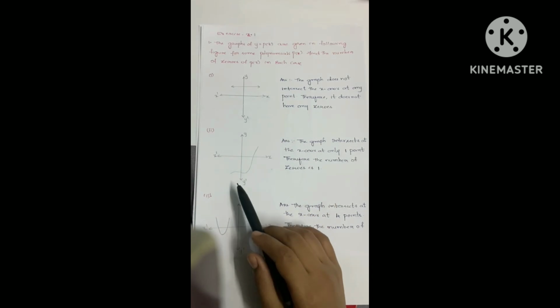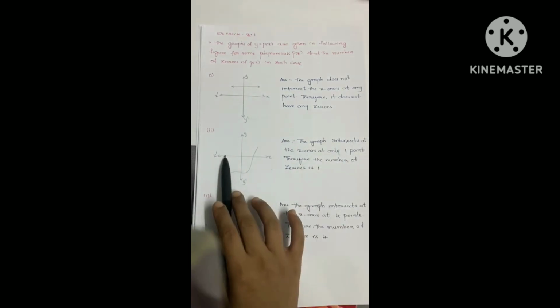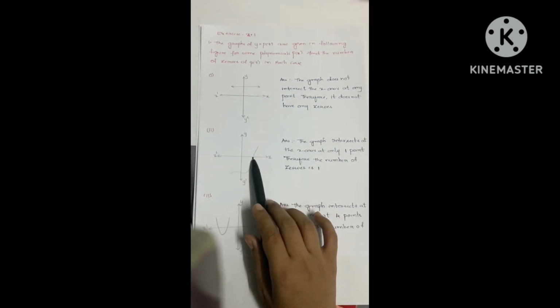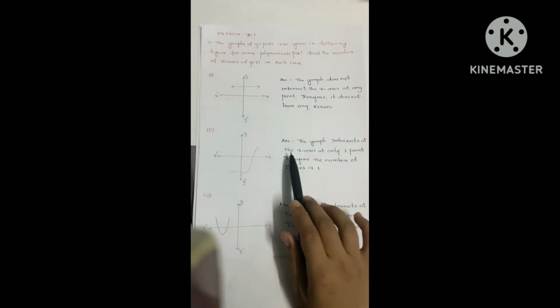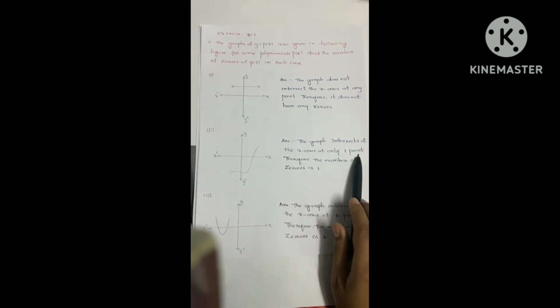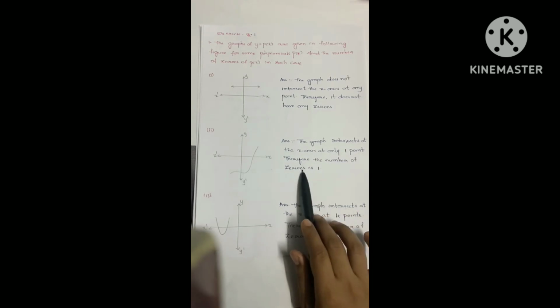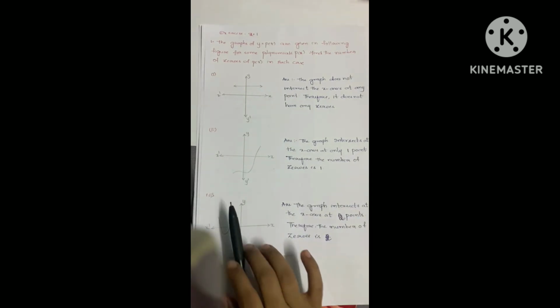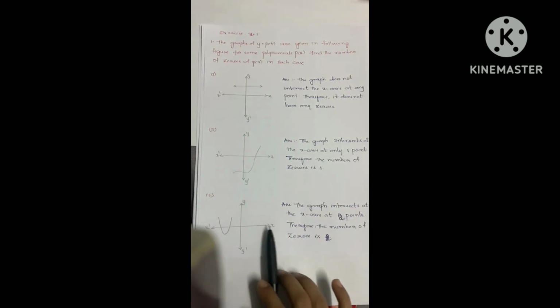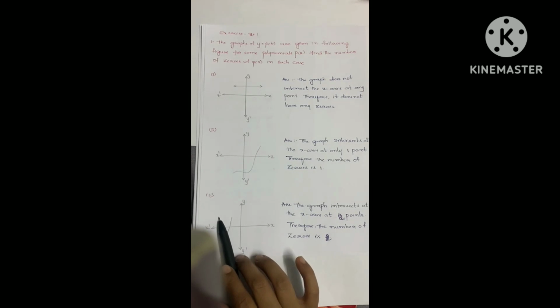Now coming to the second one. Here is the x-axis and the graph cuts it at only 1 point. So the graph intersects the x-axis at only 1 point. Therefore the number of zeros is 1. Now the third one: this is the x-axis and this is the y-axis. This is an upward parabola. Here the graph intersects the x-axis at 2 points.